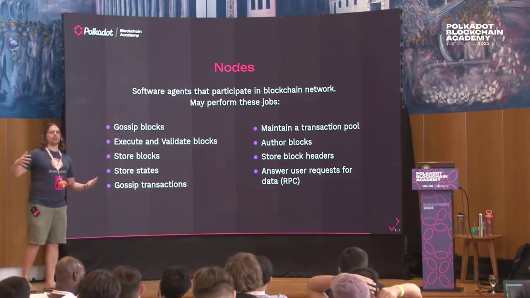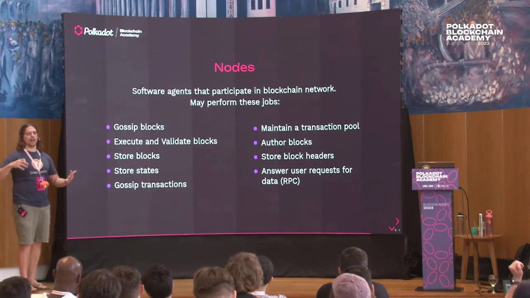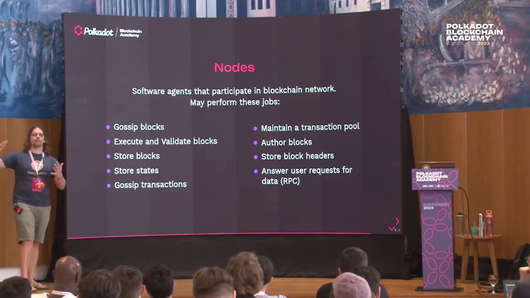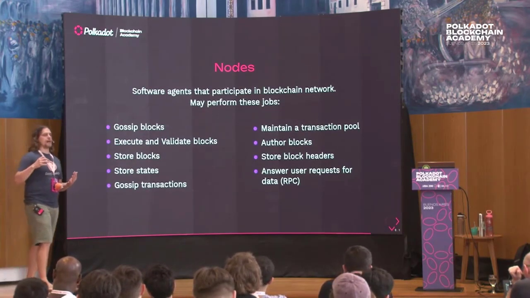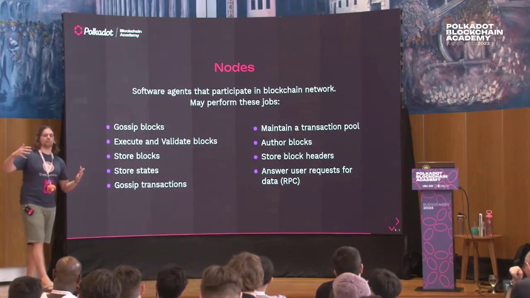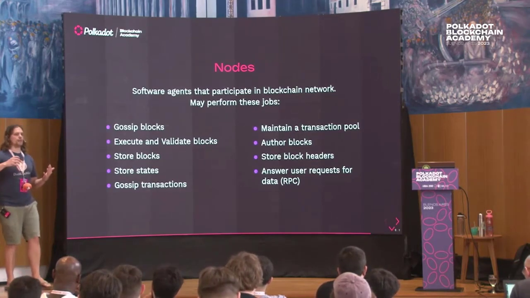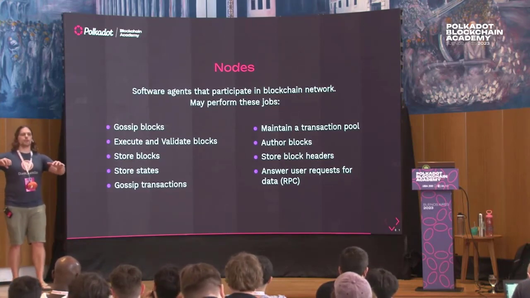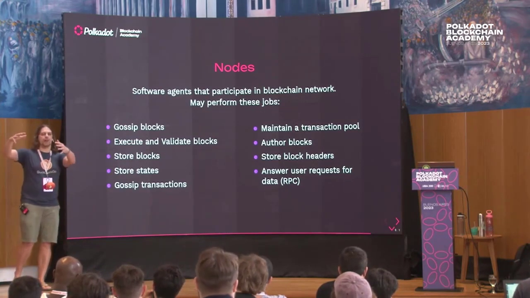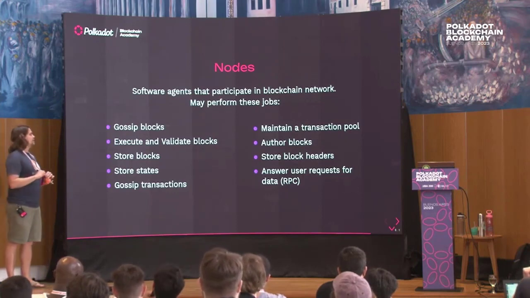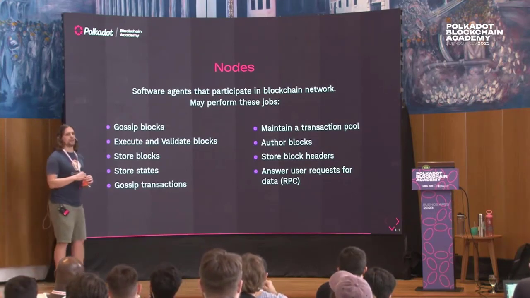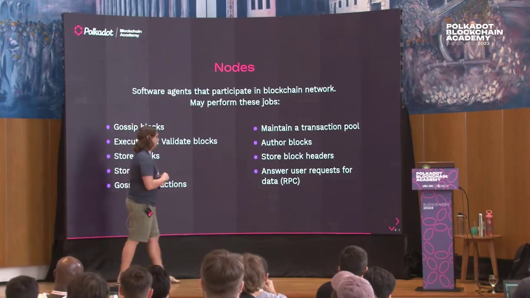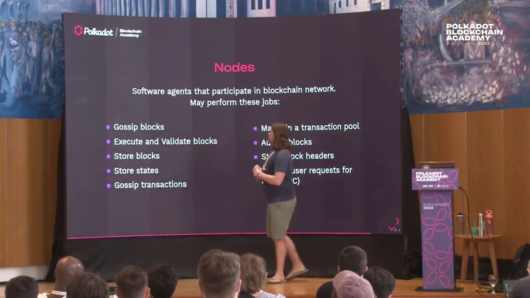It's not a mesh network, which means that not every single node is connected to every other single node. Each node has some finite set of peers. If I author a block, maybe I send it out to everybody in the front row. But then you front row folks are peered with other people in other rows, and you gossip that block out to them. In this way, it's a gossip network. This is basically a P2P network, which Andrew is going to talk about a lot more later on.